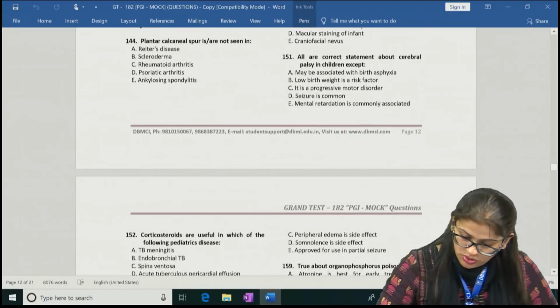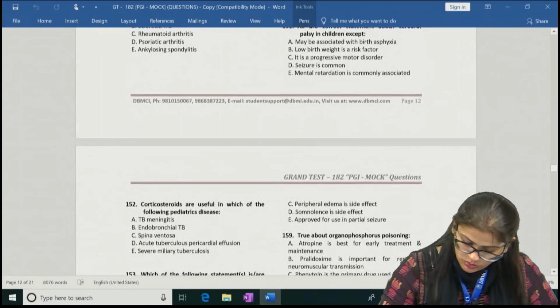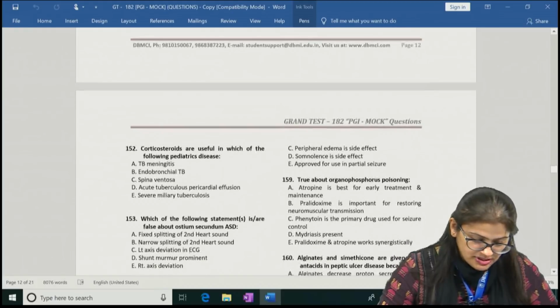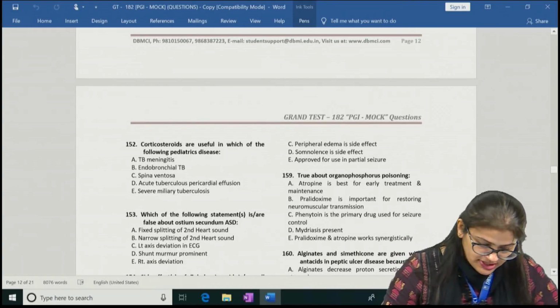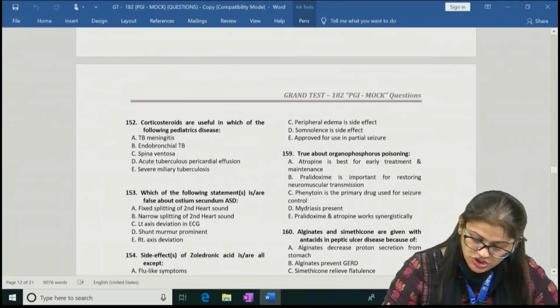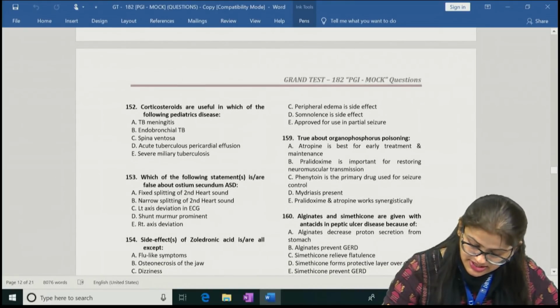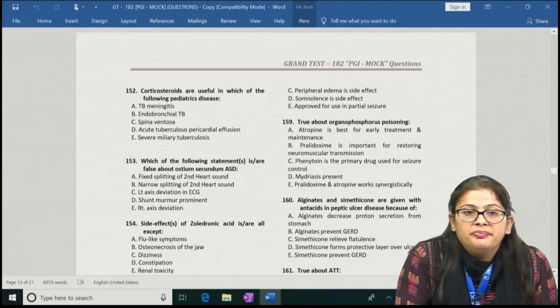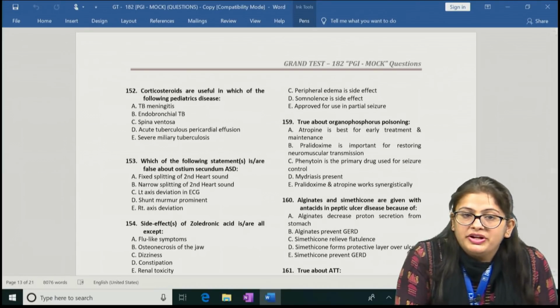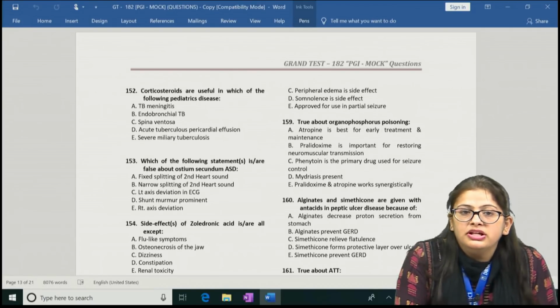So now we come on to question number 152, and it talks about corticosteroids are useful in which of the following pediatric diseases. And the options are TB meningitis, endobronchial TB, spina ventosa, acute tuberculous pericardial effusion, and severe miliary tuberculosis.